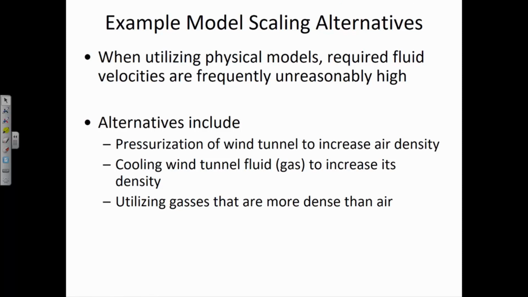And so to get around those extremely high velocities that maybe would be required, some of the ways to work around that would be to increase the density of the air inside of a wind tunnel by pressurizing it, or if you cool the gas so that the density is increasing because cooler gases have higher density, or sometimes you could use gases other than air that have a higher density, or you could even switch to a liquid. And so testing a wing inside of a water tunnel instead of inside of a wind tunnel.